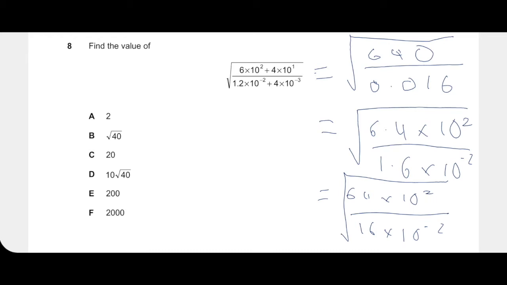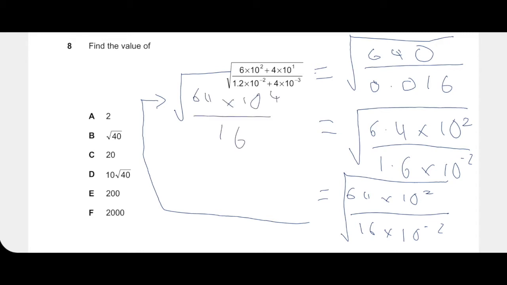I'm going to get rid of the times 10 to the minus 2 in the denominator by changing the numerator's times 10 to the 2 to times 10 to the 4. So that'll be 64 times 10 to the 4 over 16.